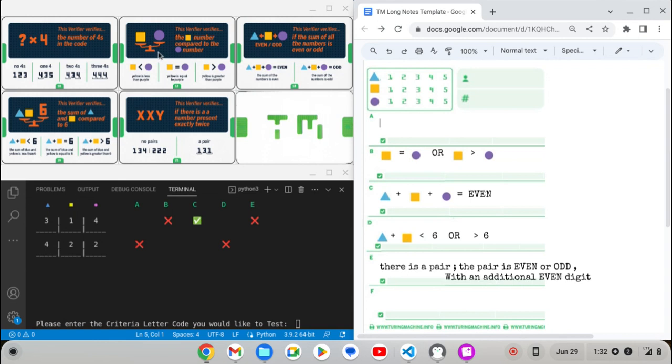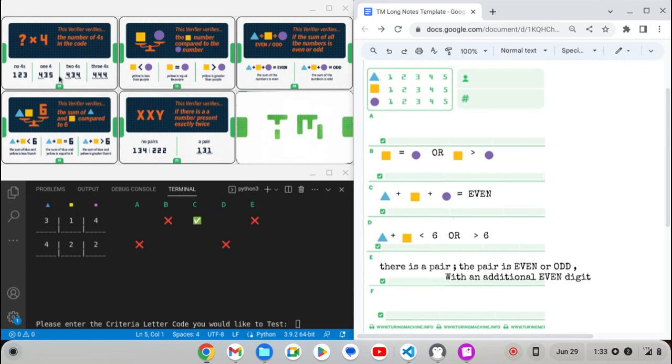So I think it would be irrelevant if it was all 3 4s. We would know that that would be equal. We would also know that it would be even, and of course then, well, then we would know that there'd be no pair. So I don't think it's 3 4s.